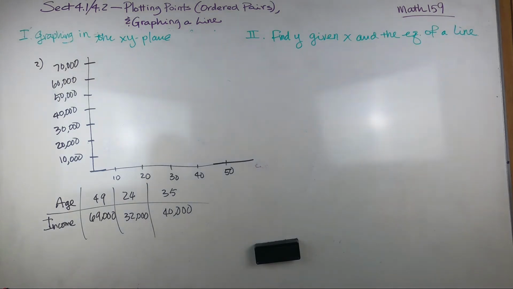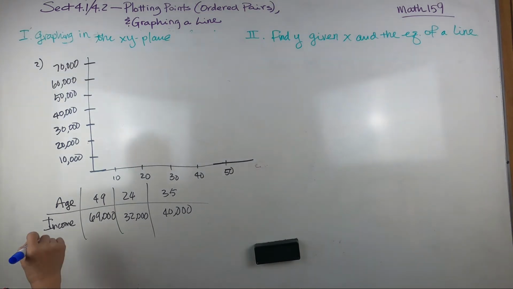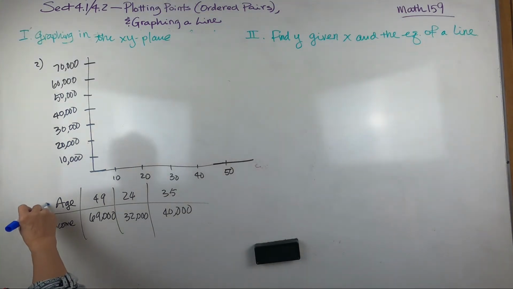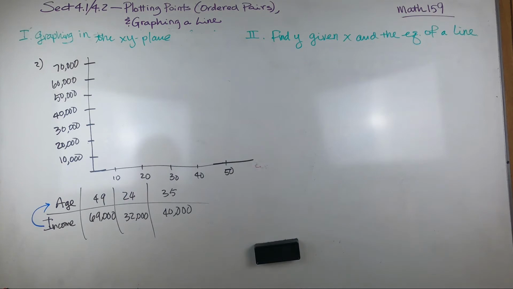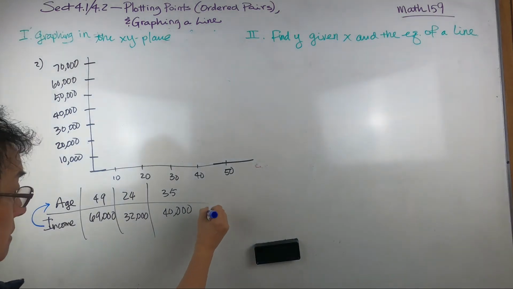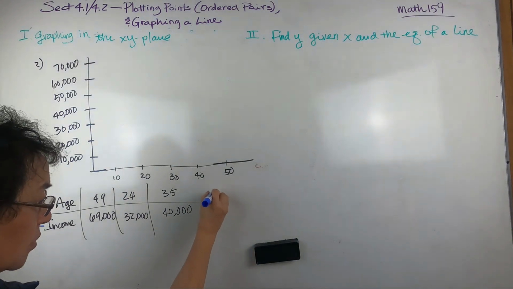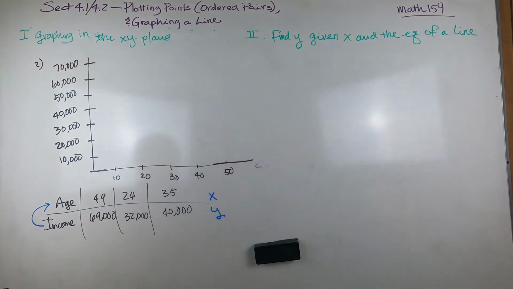So we started to get familiar with this. So what do you think? You have age and income, 2 variables. Which one is X? Which one is your Y? You have to decide. Okay? Because income depends on age. So Y depends on X. That's what we are doing.